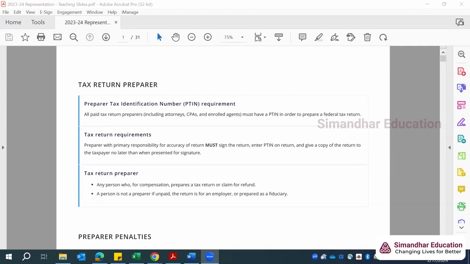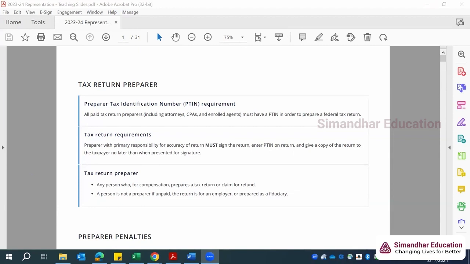If someone is preparing a return as a fiduciary. Now, what is a fiduciary? Again, this is a terminology that we have bumped into. In the United States, there are different kinds of taxation. Sometimes we establish a trust for the benefit of a beneficiary. Parents can set up a trust for the higher education of their children.